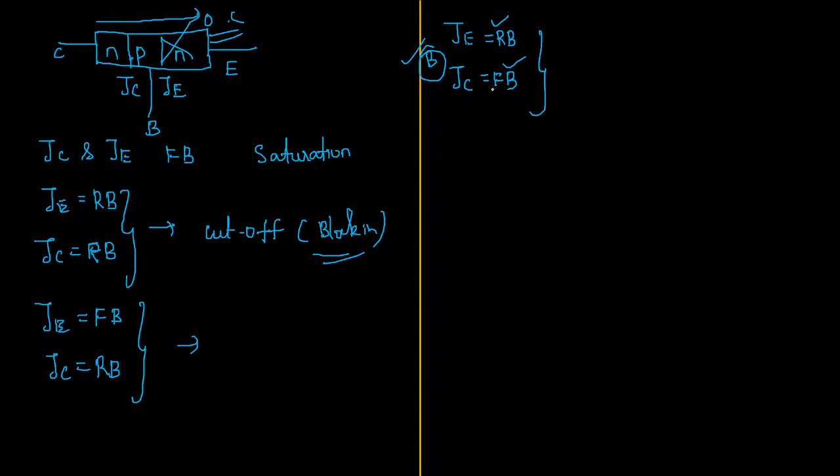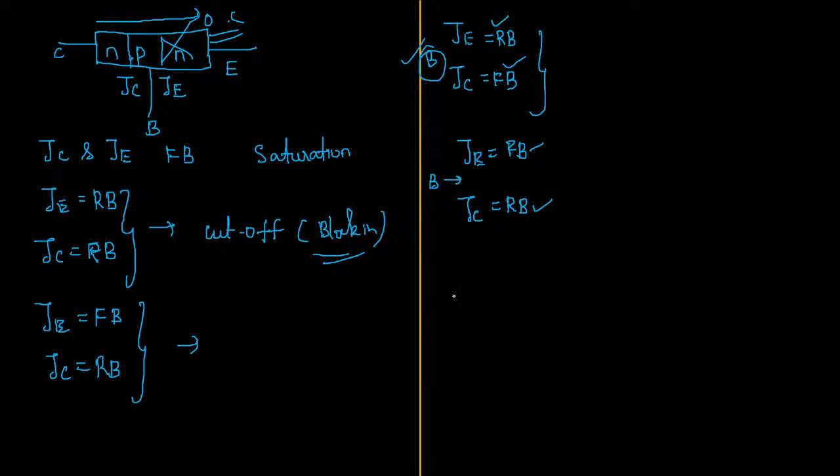Similarly, suppose the emitter junction is in forward bias and the collector junction is in reverse bias, then also it doesn't matter. Okay, sir, no worry about the collector junction. At least your emitter junction is forward biased, right? So with the help of base current, we can do the controlling action.